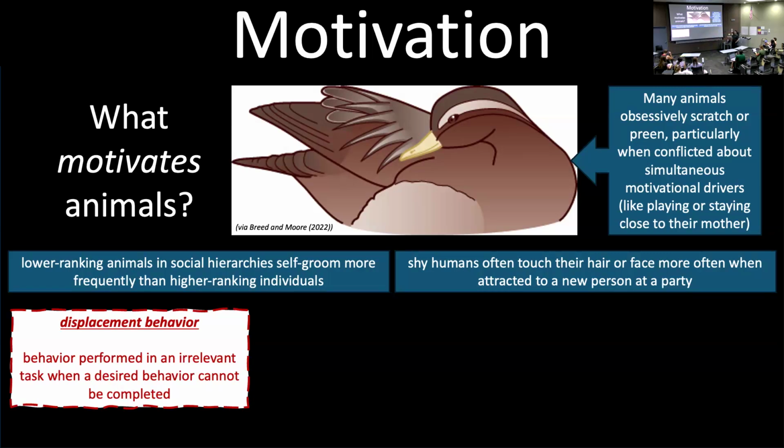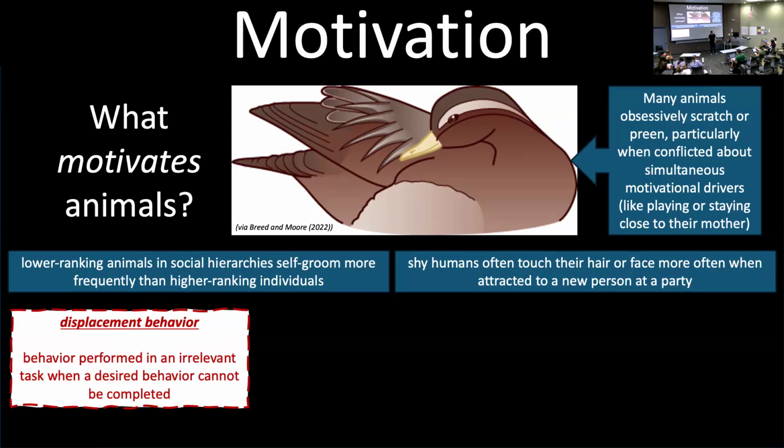We think of these as so-called displacement behaviors. The behavior is performed as an irrelevant task when the desired behavior cannot be completed, often because there's a conflict between two different behaviors that need to happen. Like, I need to run away from this thing, or I'm attracted to this thing.